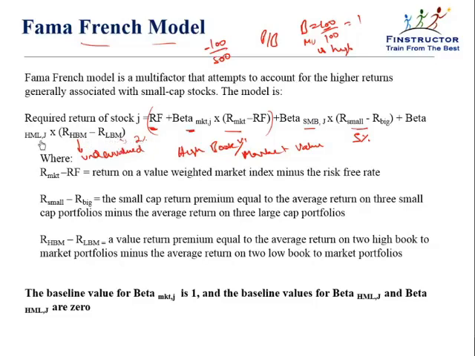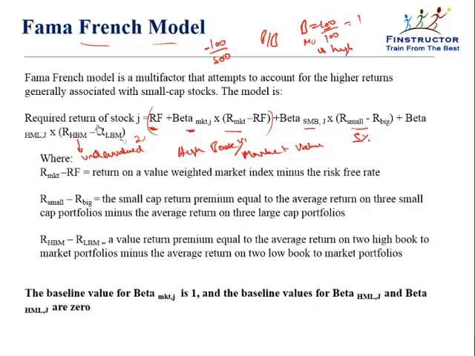Depending on whether you are an undervalued company, that is whether you have a high book to market value ratio, or whether you are an overvalued company, that is you have a low book to market value ratio, will decide your beta. So if beta is 0, that means you are an average valuation. You're neither overvalued nor undervalued. If you are undervalued, then beta will be positive.